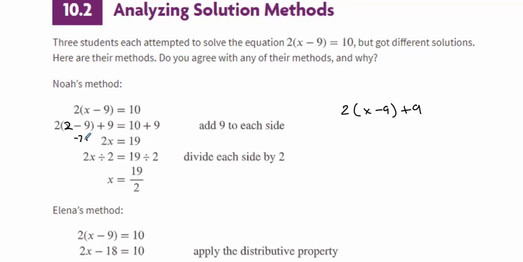Negative 7 plus 9. Negative 7 plus 9 is 2. 2 times 2 is 4. 4 plus 9 is 13. And 13 does not equal 10 plus 9. There probably is some number, but it won't work with every number.